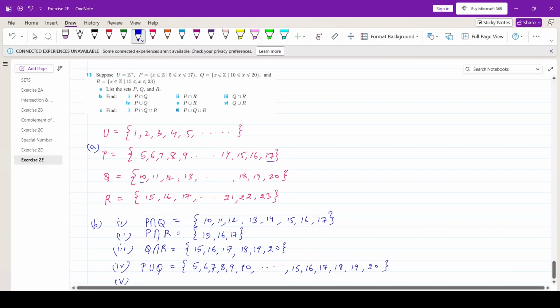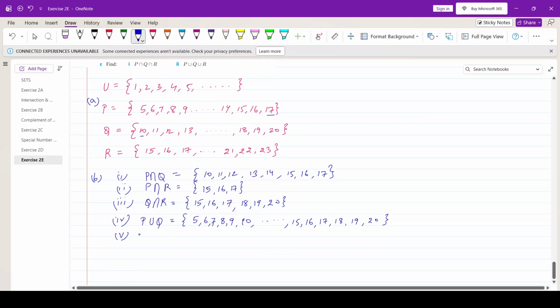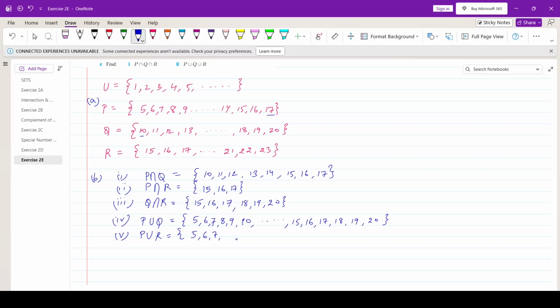Part 5 says P union R. P union R is everything in P and R written only once. So that will be 5, 6, 7, and so on till 21, 22, 23.